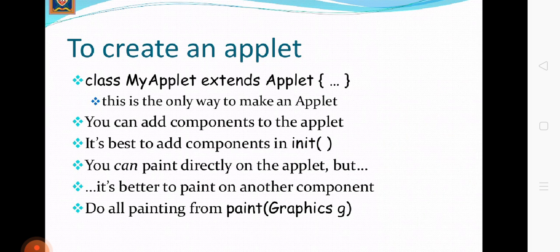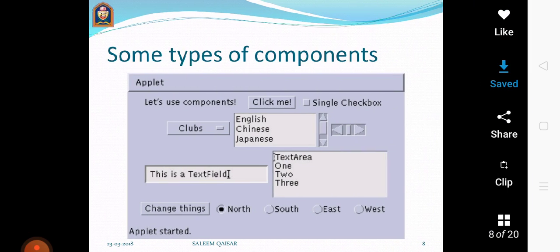Every applet class will have an init method, and we will put add statements or add components in the init method. We can paint directly on the applet, but it's better to paint on another component, like while painting from paint graphics. So this is a short method of how we can create an applet.